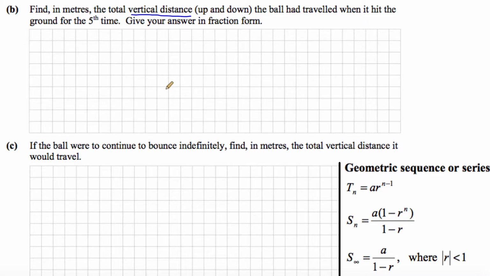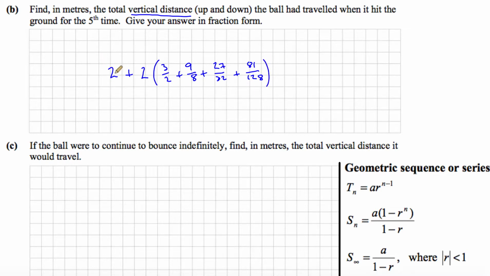So that's going to be 2 plus twice all the other distances, which were from the table 3/2, 9/8, 27/32, and finally 81/128.